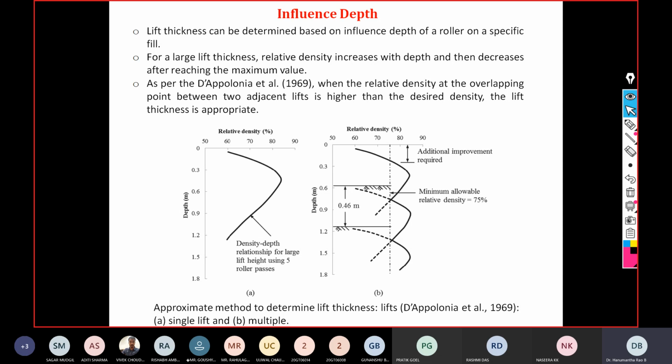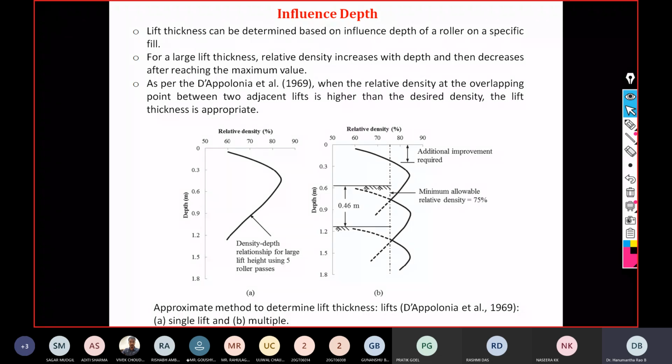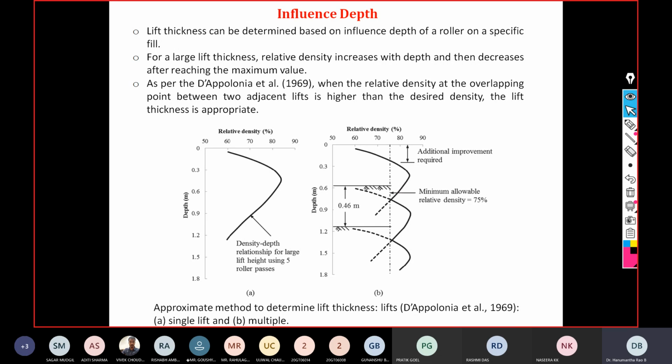So you need to have your own depth, lift thickness, or the depth versus density compaction curves. Here a graph has been shown, which is the relationship between the relative density that we are achieving over a depth. When I say depth, it might include a single lift or multiple lifts.